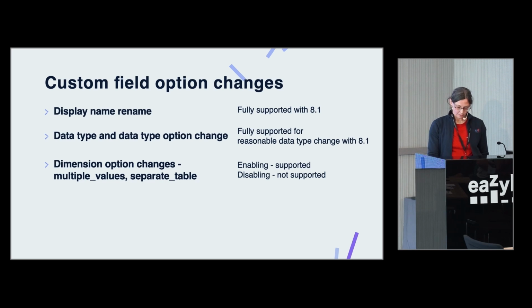And then the last one is dimension option changes. Multiple values and separate table are the most common ones. Enabling is supported. You can add those options to your fields, but if you want to disable those options, for example, remove multiple values or remove separate table, actually it will not work as needed.